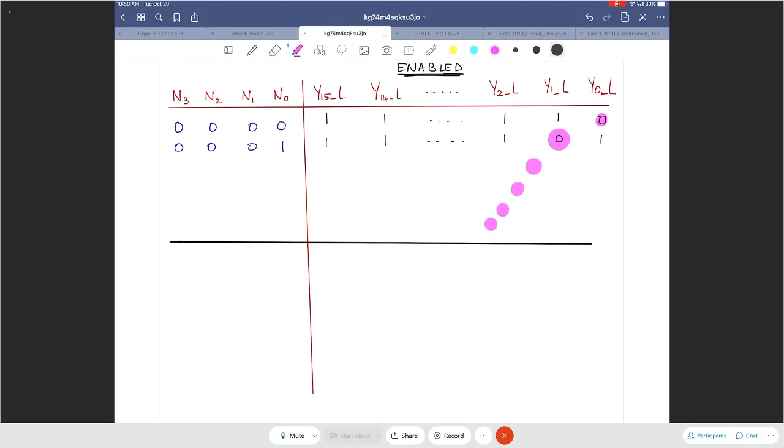That 0 is going to keep moving left as long as the inputs are 0, 1, 1, 1. So the last one will correspond to Y7_L, right? So that would be the output of the top 74X138 chip.